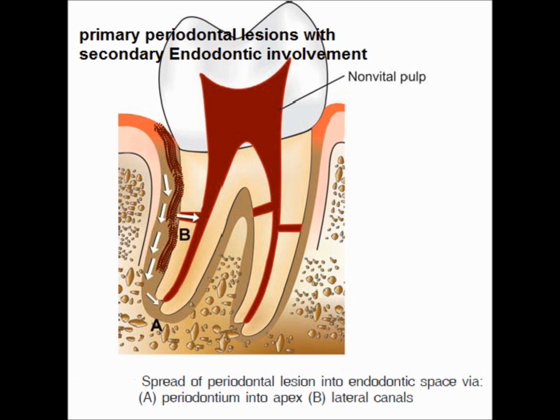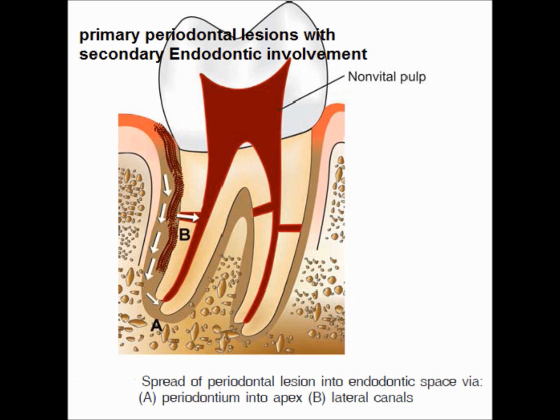The tooth with primary periodontal and secondary endodontic disease exhibits deep pocketing with a history of extensive periodontal disease. When the pulp is involved, the patient experiences pain and clinical signs of pulp disease.